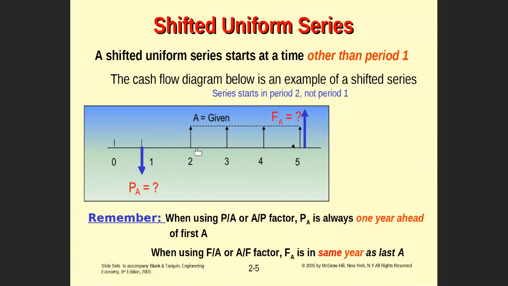So for example, you have the annual starting from year 2 to year 5. To find the present, in this case, you have to find the present at year 1. And you calculate the number of years after year 1, which is 1, 2, 3, 4 in this case. If you want to find the future from this annual, the future will be placed at year 5, and you count the number of years from the beginning of the annual, starting from year 2 to 5.